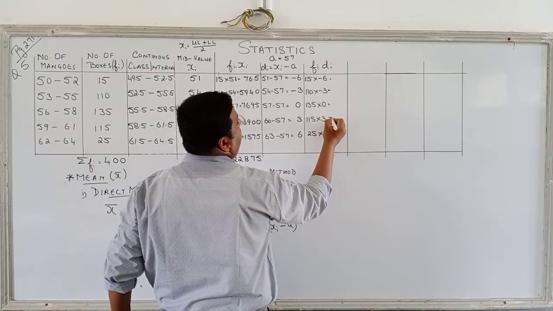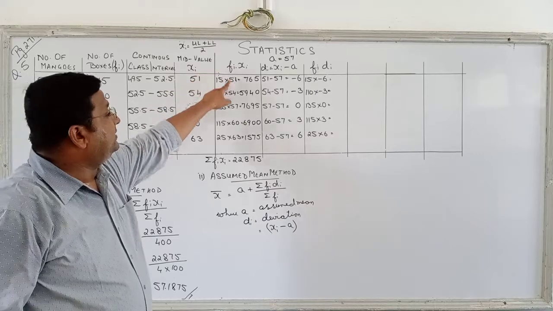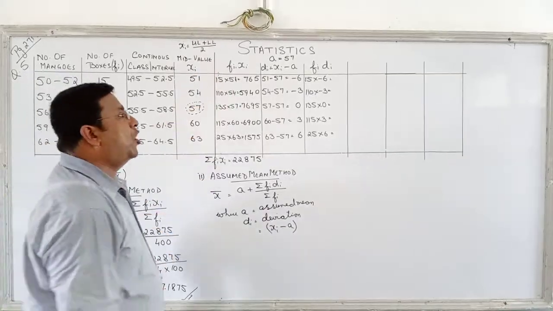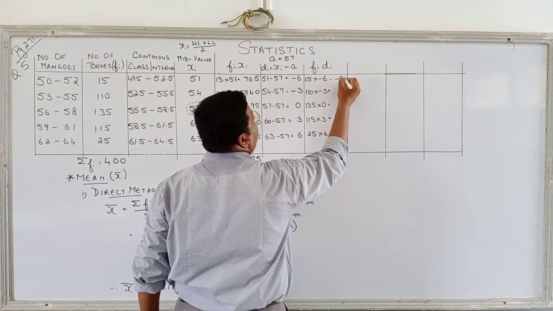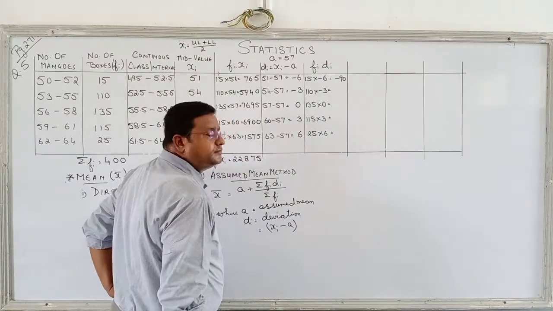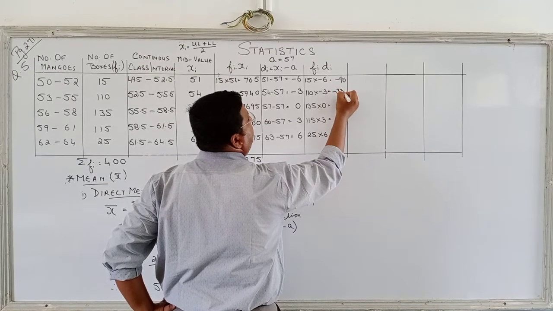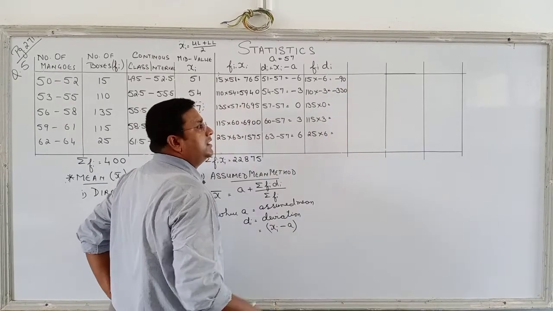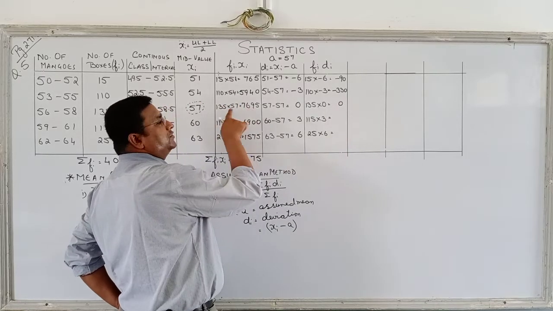Can you see? The calculation becomes easier than the first one. Smaller. 15 into minus 6, minus 90. 110 into minus 3, minus 330. 135 into 0, 0. You could see the multiplication was difficult over here.